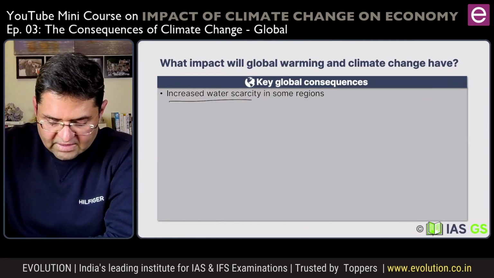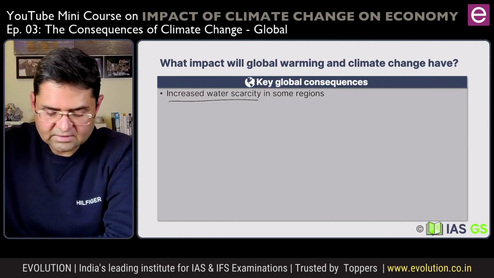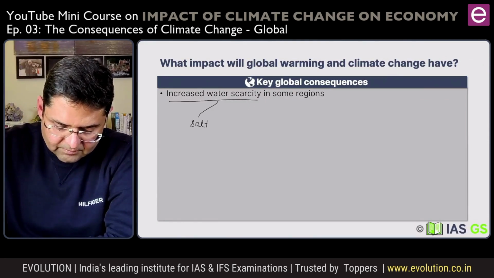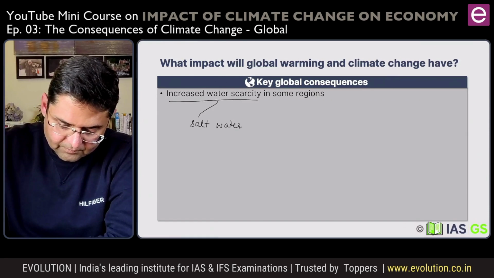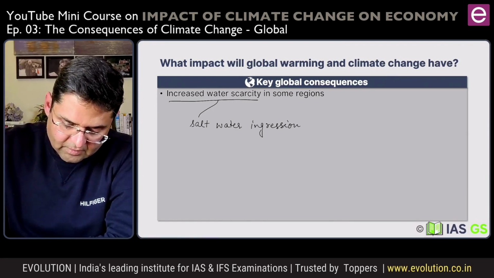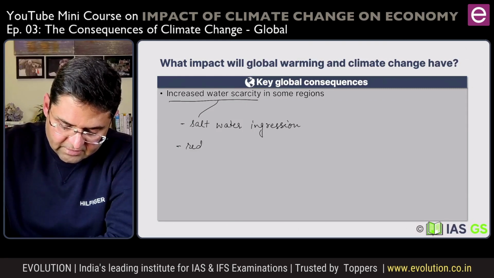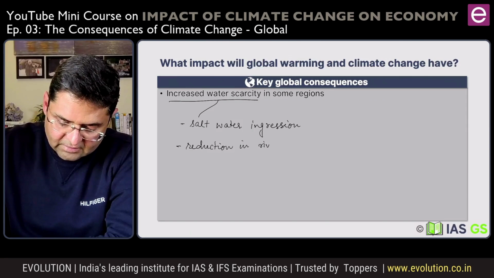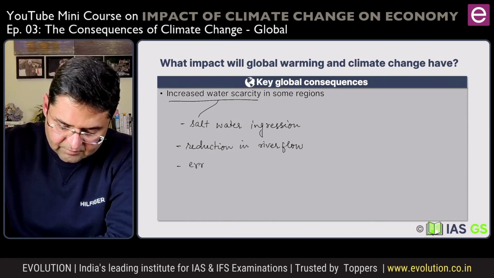Next is increased water scarcity in some of the regions. There are 3 reasons. Number 1, salt water ingression. The second reason is reduction in river flow. That is also happening. And the third reason will be erratic rainfall pattern.